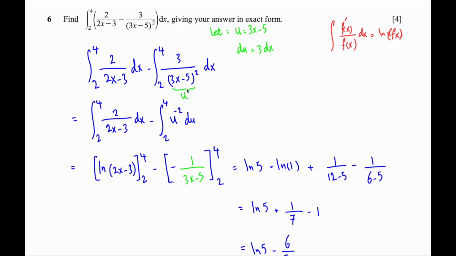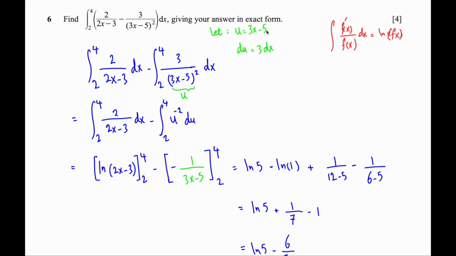So I'm just going to take this 3x minus 5 to be the variable u. Obviously, I'm doing this because of the power 2 here. I cannot use the same technique which I did here. Once you call that u, you need to change everything, get rid of all the x's, and change the whole thing into the world of u.